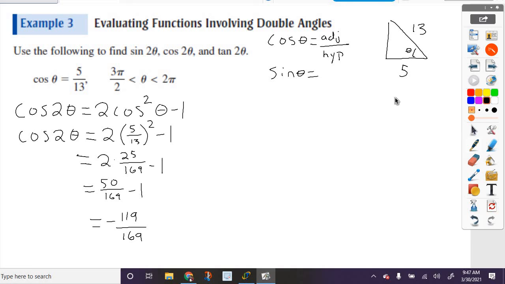So remember that we would have x squared, or our opposite squared, plus 25 equals 169. Well, 169 minus 25 gives us 144. And the square root of 144 is going to be 12. So we know that sine of theta is going to be 12 over 13.